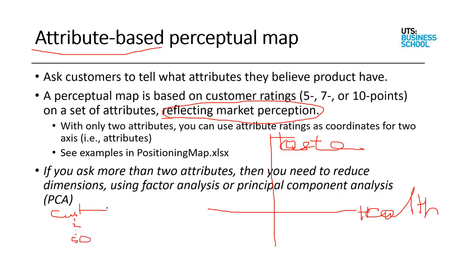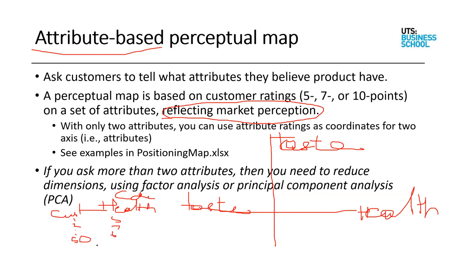So 50 customers give you their preference ratings on health and taste for Coke, health and taste for Pepsi. Let's say this is for Coke. So you have gotten those preference ratings, say 5, 7, 6.